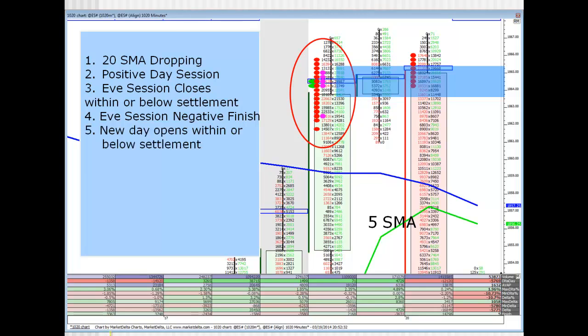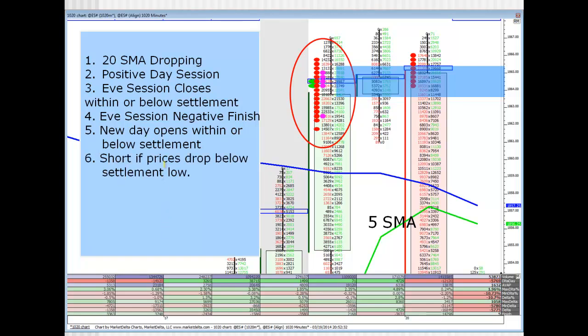Now, in addition to that, we get the new day opens within or below settlement, which it does right here. The new day opens right here, so it opens within or below settlement. In this case, usually if it opens below settlement, it's going to shoot right down, and that's a stronger bearish day than this one did. This one opened within the settlement period.